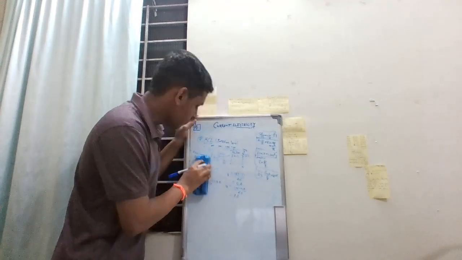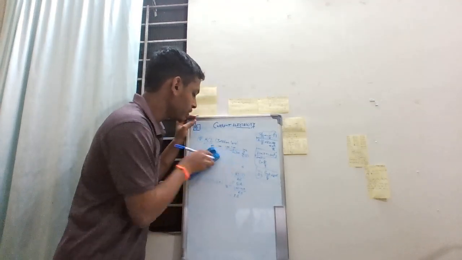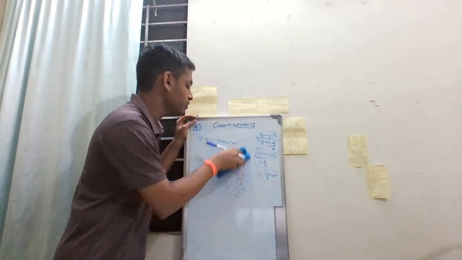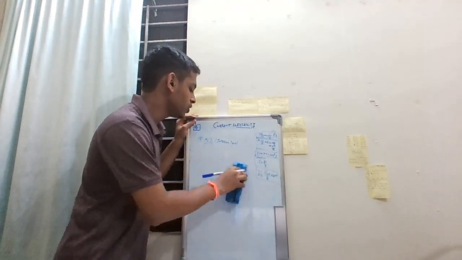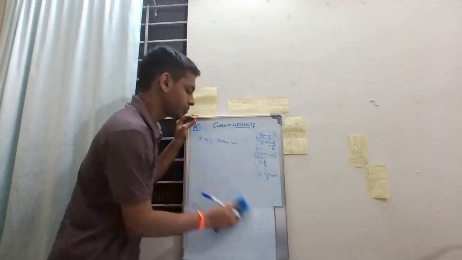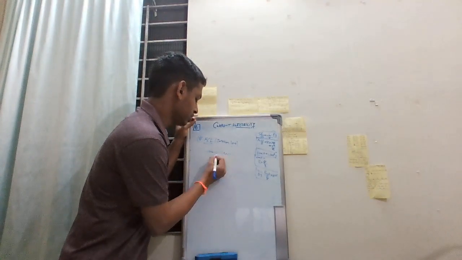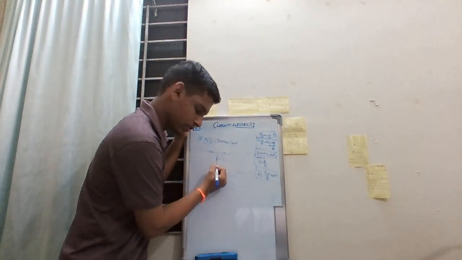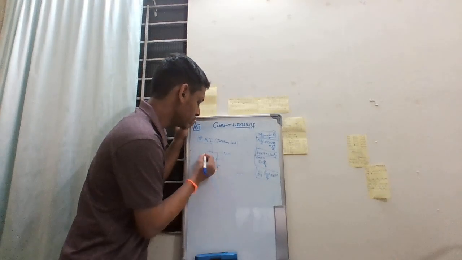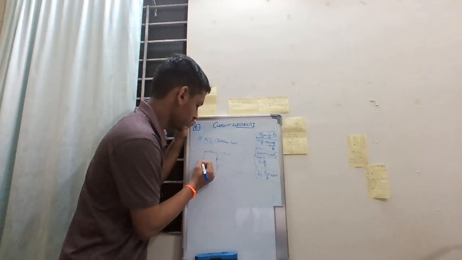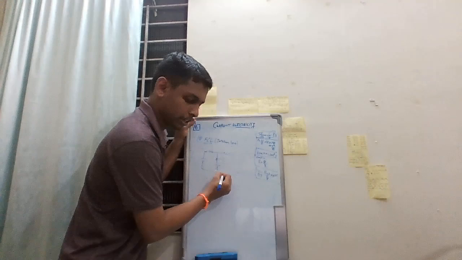In the same way, this time we have a different type of question in which we are properly using the junction law. That was a basic question previously, so now we'll use that knowledge here.